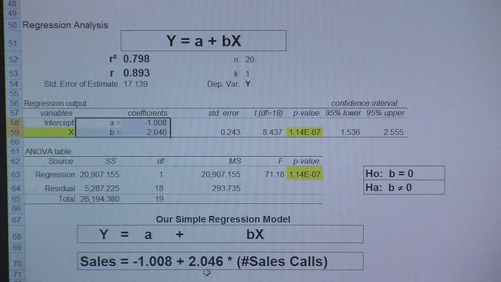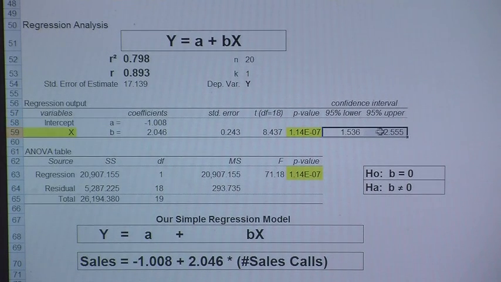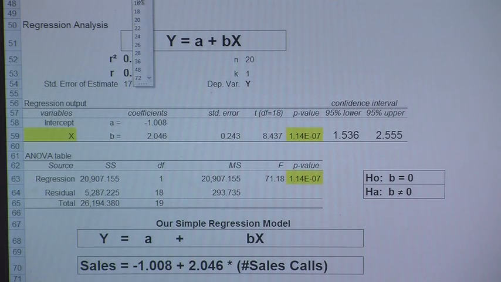So the question becomes, if this is our point estimate, what would be the 95% confidence interval? Fortunately, the computer calculates that for us, and it gives us that answer right here. Let me make that a little bit bigger just so it's easier to see.